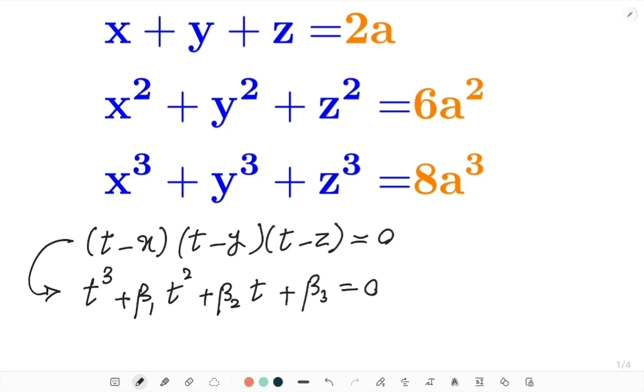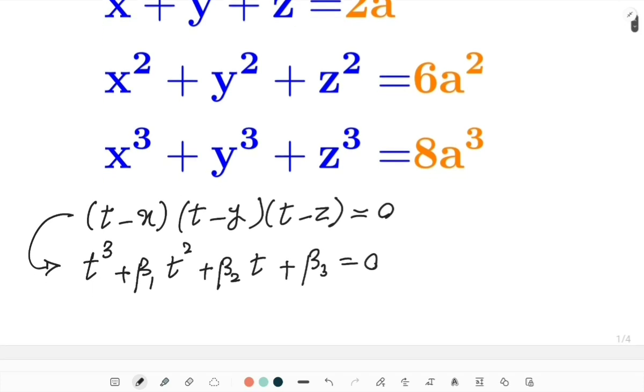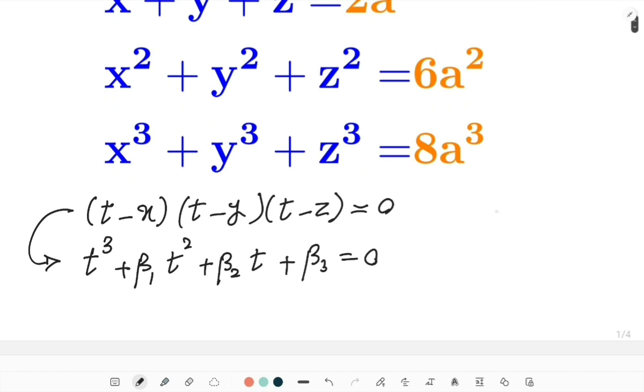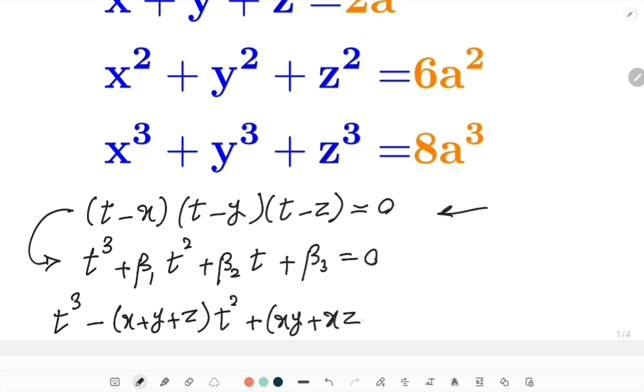And obviously there's some relationship between x, y, z and the betas, which we're right now going to find out. So if I expand the first equation here, then what I get is basically t³. Please feel free to verify this, but it's very easy. I know it by memory because I have done it many times in the past. So we have t³ minus (x plus y plus z) t² plus (xy plus xz plus yz) t minus xyz equals 0.